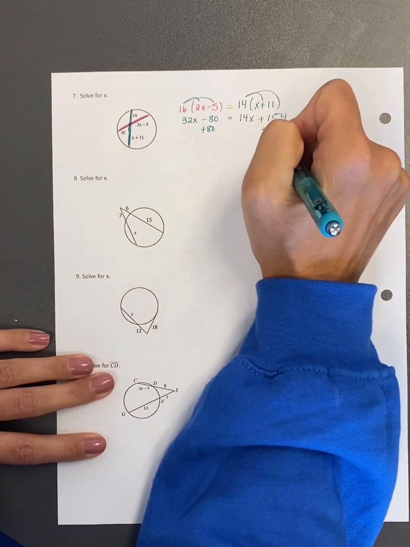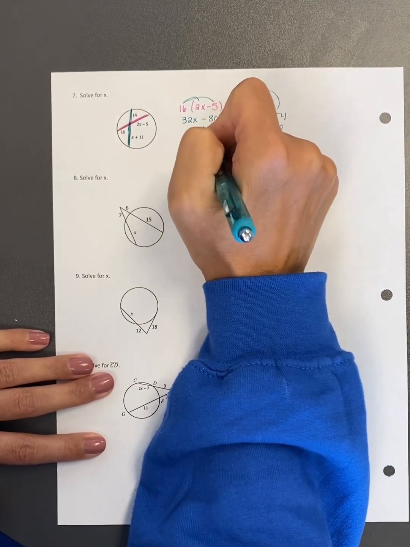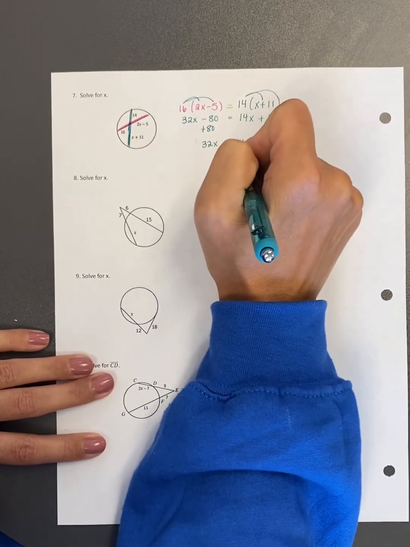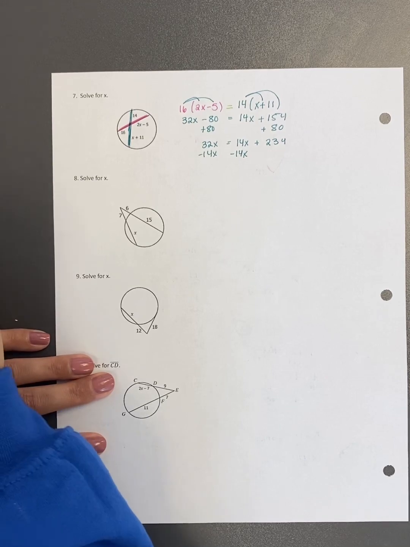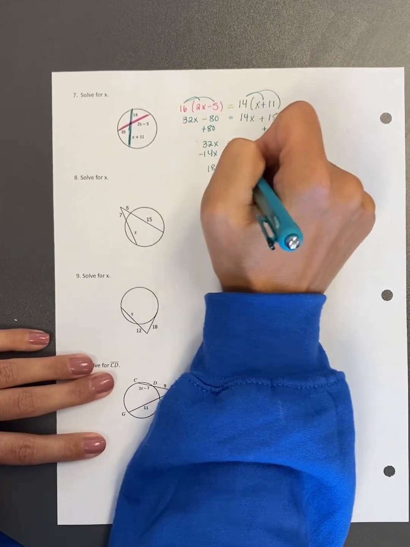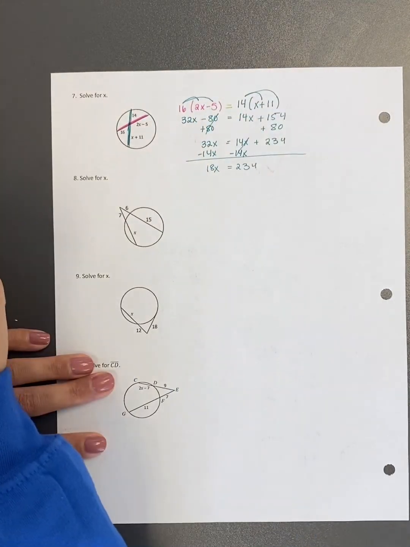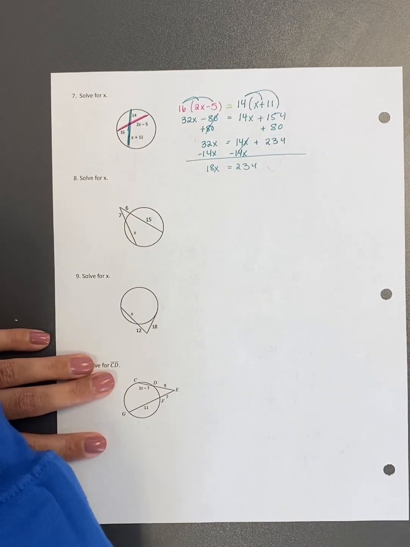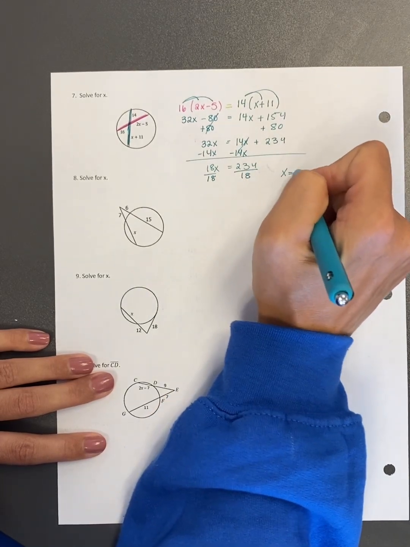So I get 234. And then I'm going to minus 14x to both sides. So I get 18x equals 234. Now I divide by 18 to both sides. So x equals 13.